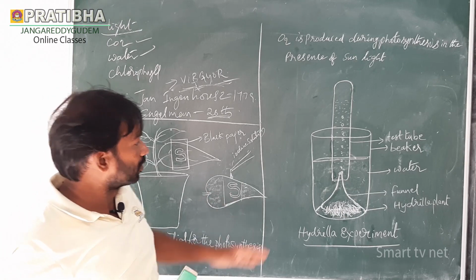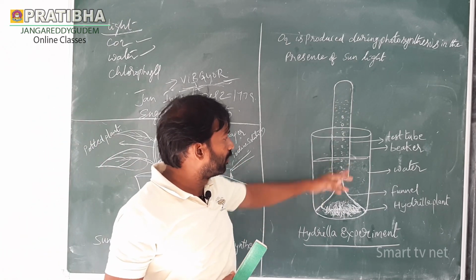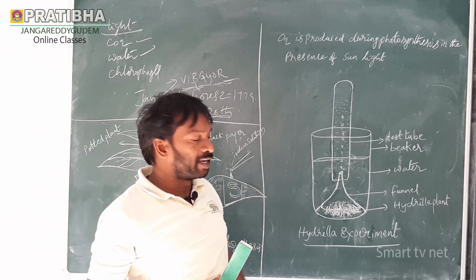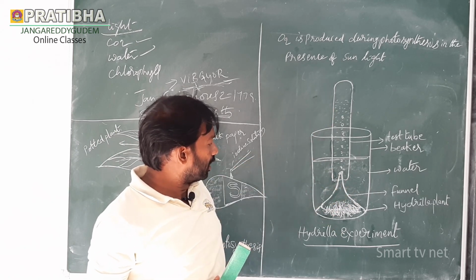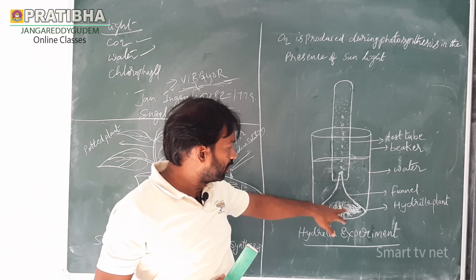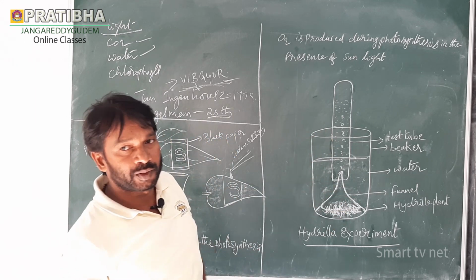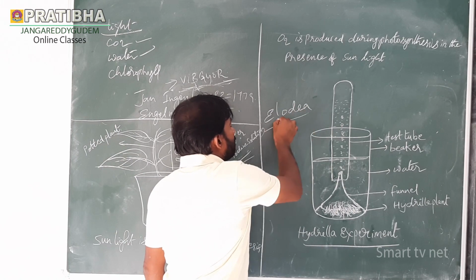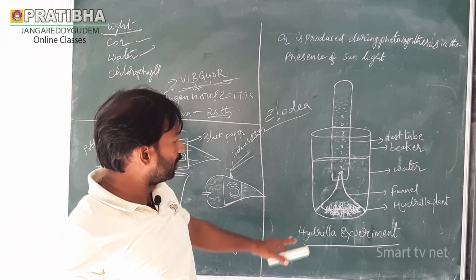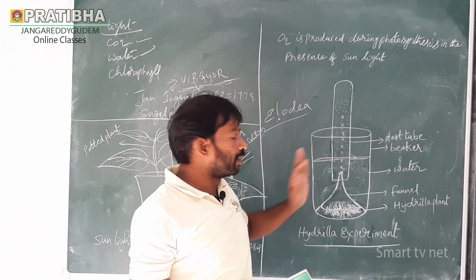First of all, the procedure. Take the beaker and fill it with water and take a funnel. Arrange them as shown in the diagram, and inside the funnel keep some hydrilla or Elodea plant stems.